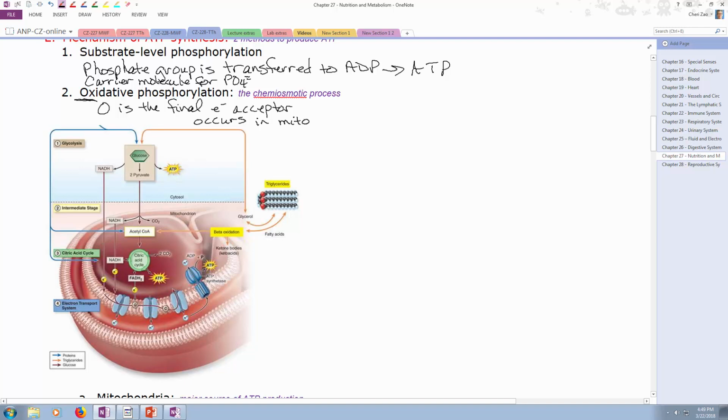And what we are going to utilize is we are going to create a concentration gradient. So chemiosmotic, do you guys remember osmosis? Didn't we have a concentration gradient of water? Well, this isn't going to be a concentration gradient of water, but it's going to be one of those atoms of water, and it's going to be the hydrogen ion, which is part of what a water molecule is. So it's going to be the hydrogen ion. We are going to create a concentration gradient of hydrogen ions to actually generate ATP.